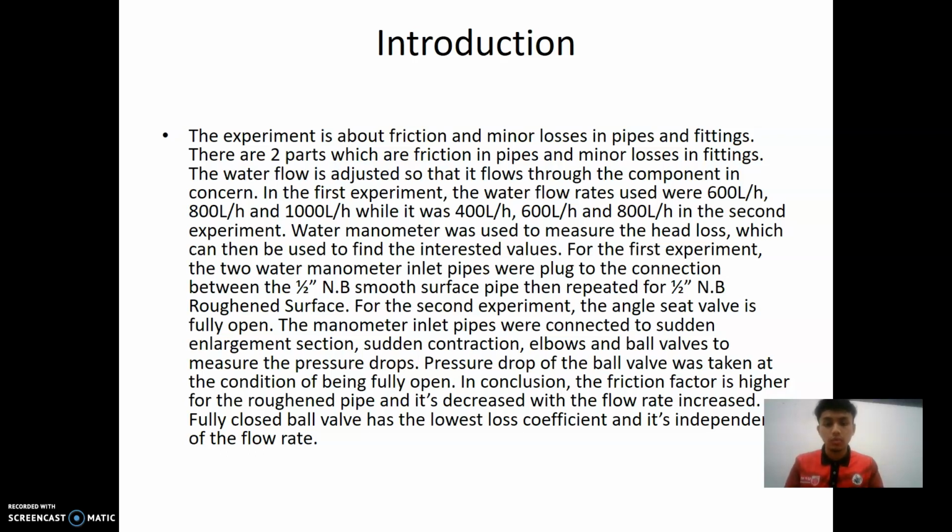The multimeter in the pipes were connected to 4 components in experiment 4. We are going to measure the loss coefficient in the components of enlargement, sudden contraction, elbows, and also ball valve to measure the pressure drop.